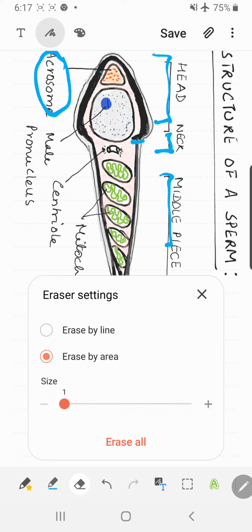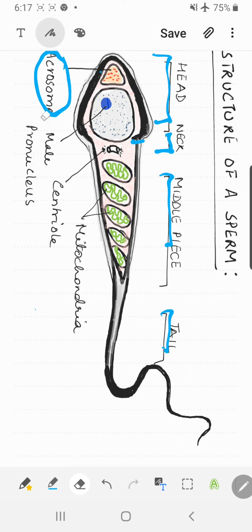Then the second thing you have here is the cytoplasm, and inside the cytoplasm is the male pronucleus. Pro means it is about to become a matured one when it goes and fuses with the female one.